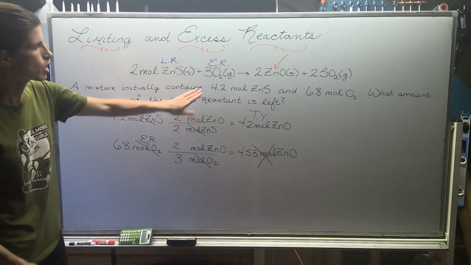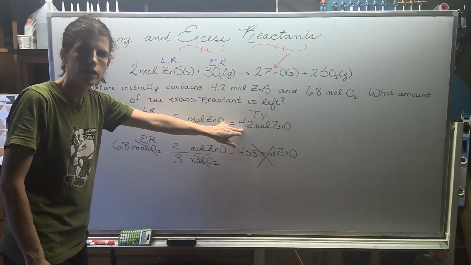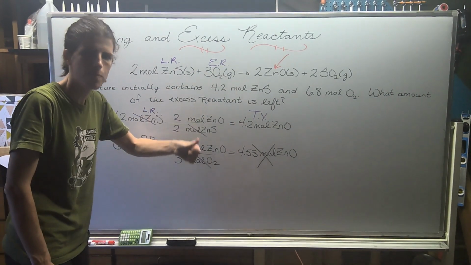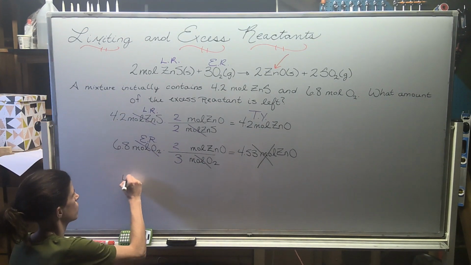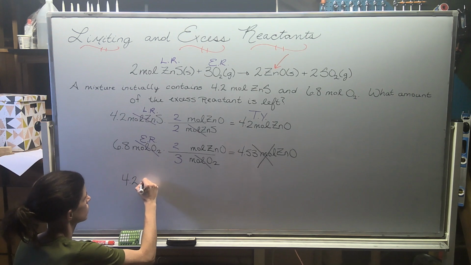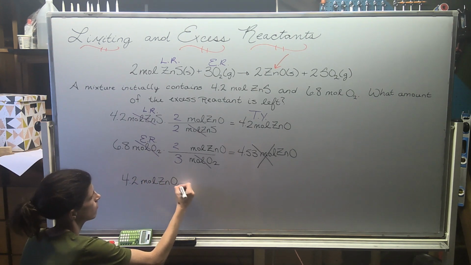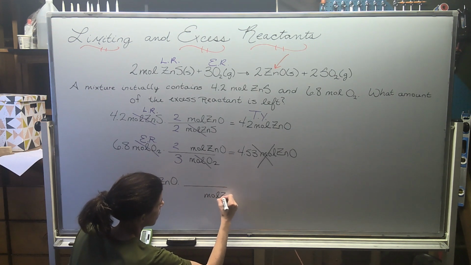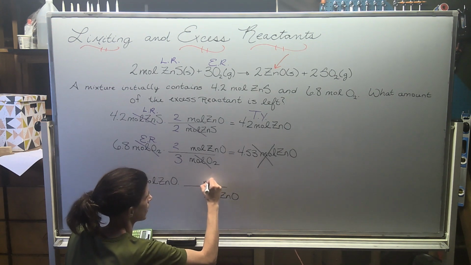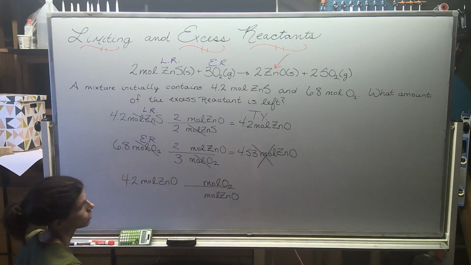Now to figure out how much oxygen gas we have left over, we're going to grab our theoretical yield and convert it back to oxygen gas. So I'm going to start with the theoretical yield value. And I want to get rid of the moles of zinc oxide. And I want to turn it back into moles of oxygen gas.